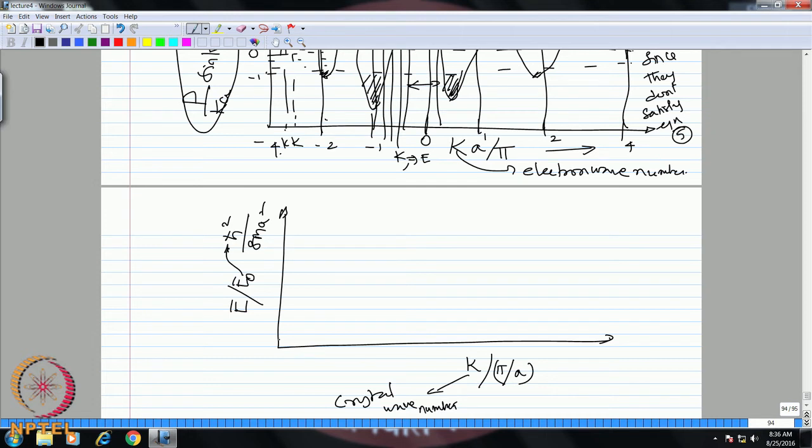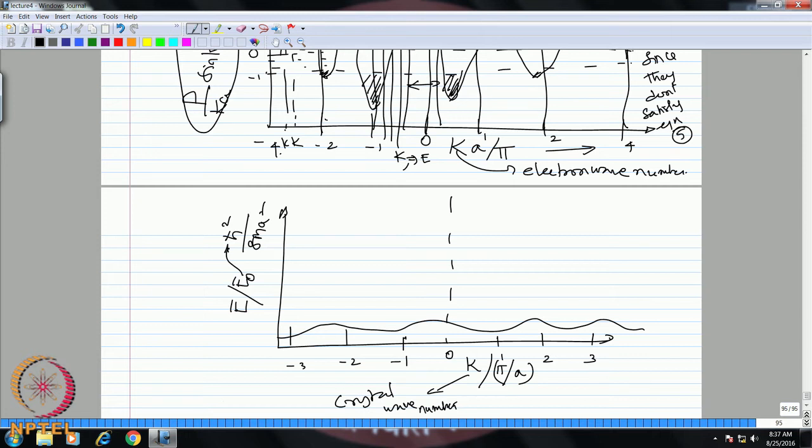So, therefore, you can draw something like this, and once again you can mark the origin for this 0, and then you can have similar to this 1, 2, 3, 4 and so on. Similarly, you can have -1, -2, -3 and so on.